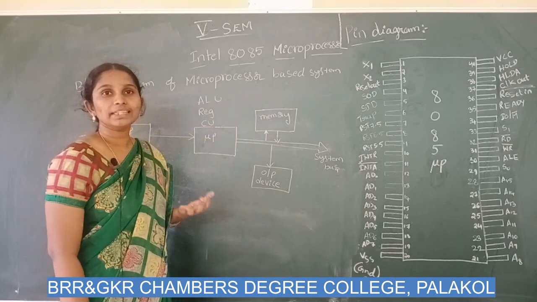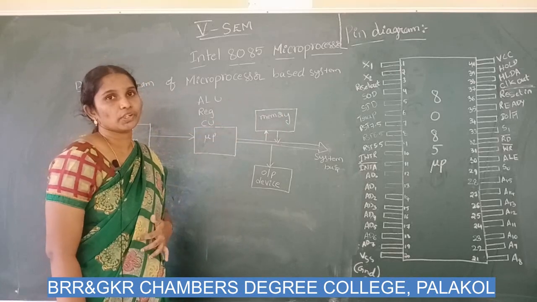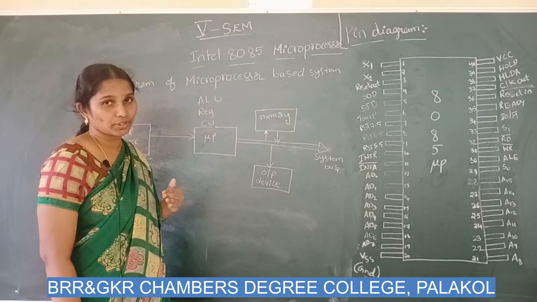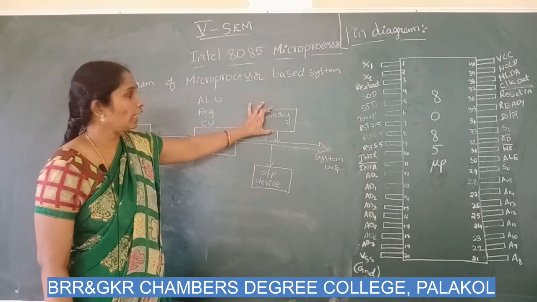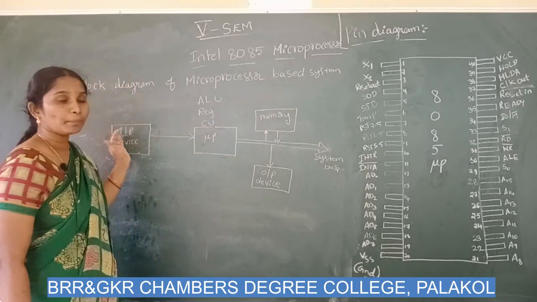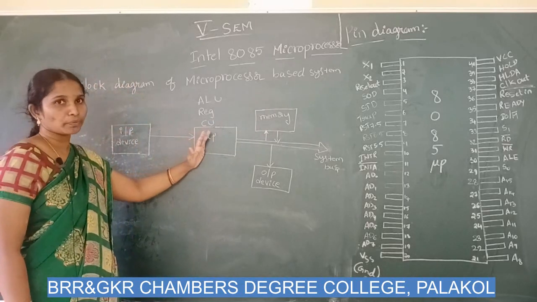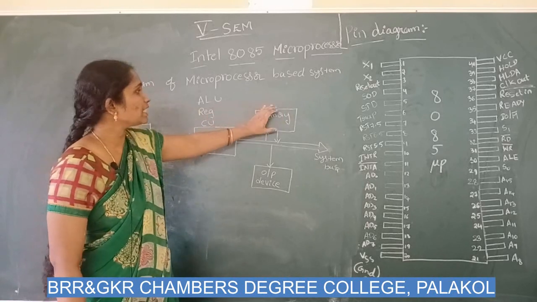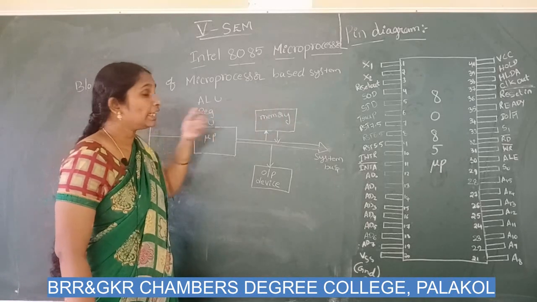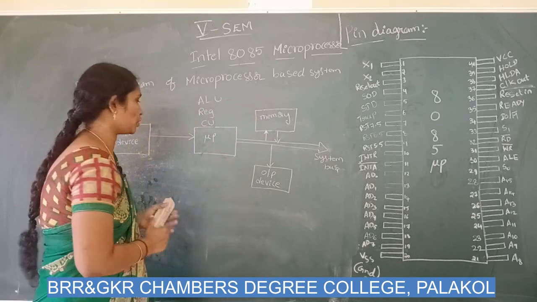A program is nothing but a set of instructions. All those instructions are stored in this memory. So whenever we apply an input signal to the microprocessor, it can take the instructions from this memory. Taking is nothing but it will fetch the instruction.